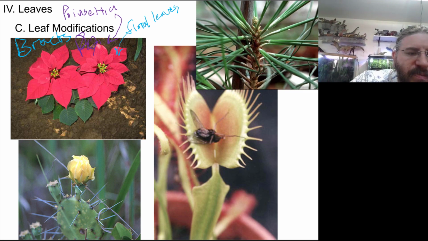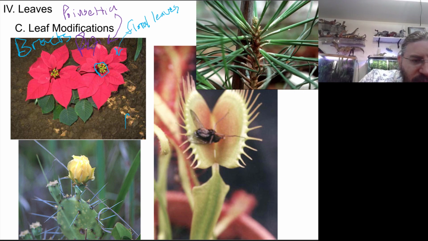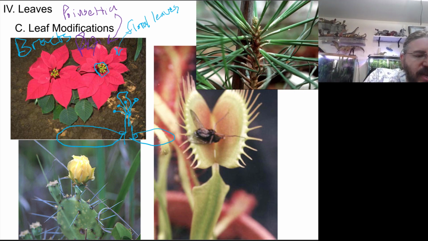If you look at the actual reproductive structures of the plant, they are coming off an apical meristem on their own. In other words, you have the apical meristem, and then there's some male structures, and then here's my stigma right there. And then down here at an axillary bud, we have our colorful poinsettia leaf.